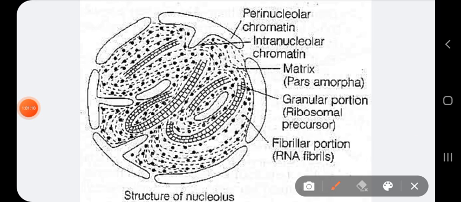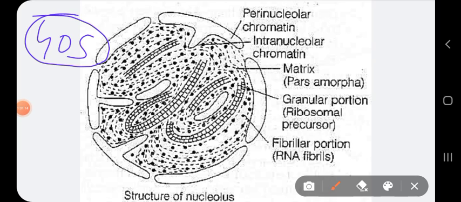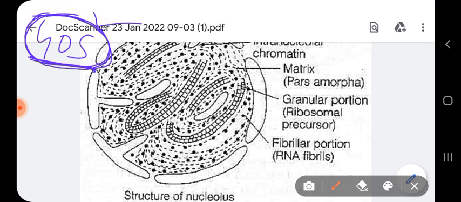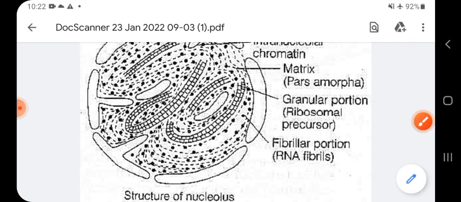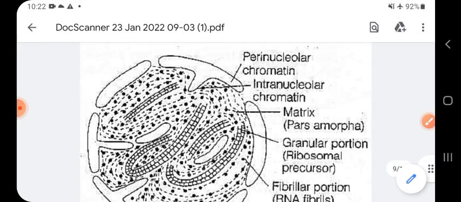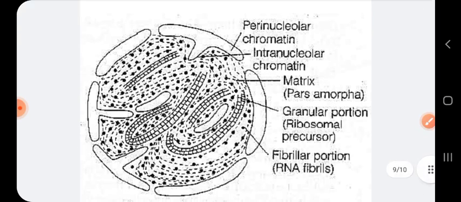Remember, S refers to the Svedberg unit, which we normally give according to the sedimentation during the density gradient centrifugation process. According to how they settle in the tube after density gradient centrifugation, we give this Svedberg unit term.